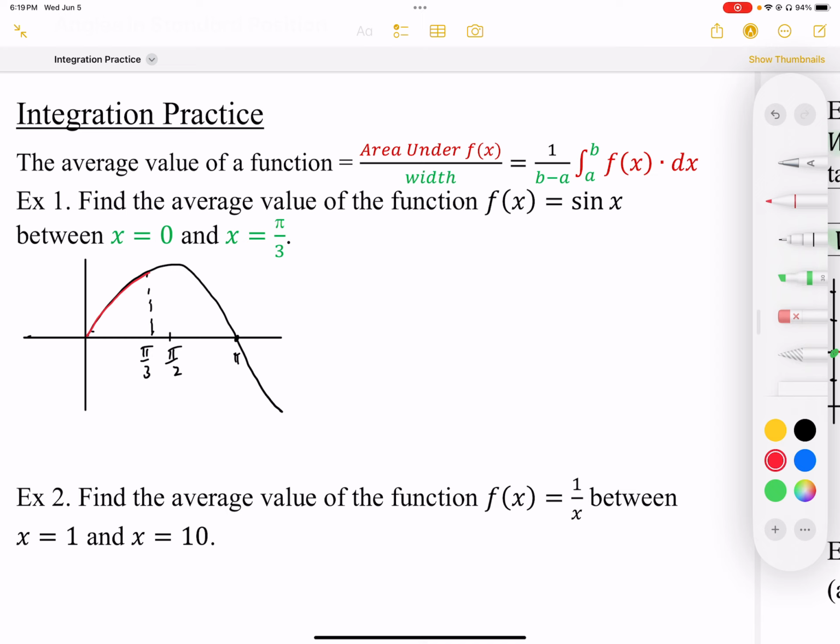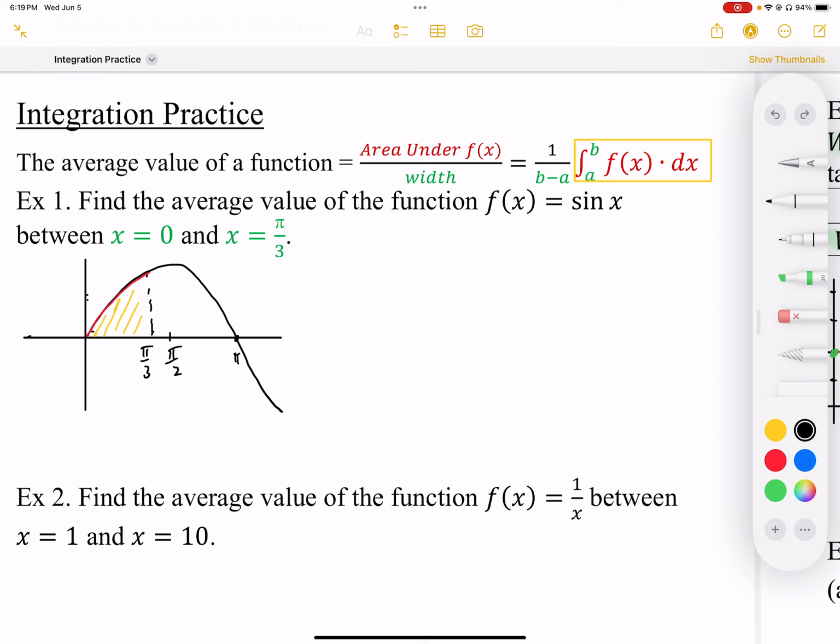Now, to find the average height, what we do is this. We take this area, that's going to be the integral part of that formula. Take the area under the curve, and then we rearrange it into a rectangular area, where the rectangle is maybe a little bit lower than that.